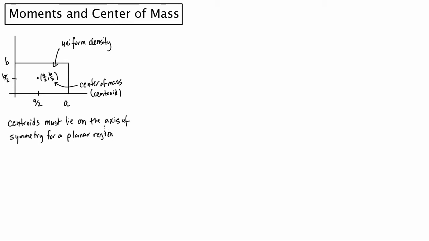So if we have a region in the plane, a two-dimensional region such as this, then the centroid must lie not only on one axis of symmetry, but on every axis of symmetry. And here it's really easy to see that we have two axes of symmetry for this figure, and that the centroid lies at the intersection of those two.